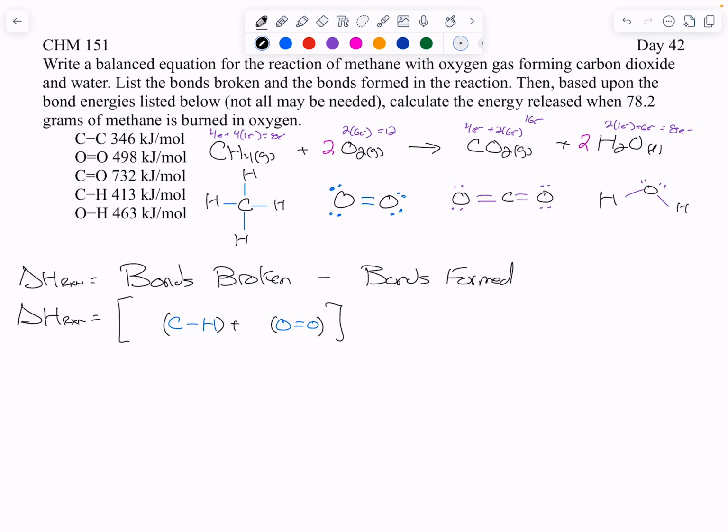I have 4 C-H bonds, and I have two O2s, right? I only have one methane, but I have two oxygens, so I need two O2s breaking. Bonds formed. I have C double bond O and O single bond H. Question is how many of each? I would have two C=O bonds, and then I would have 1, 2, but there's two, so I have 4 O-H bonds.